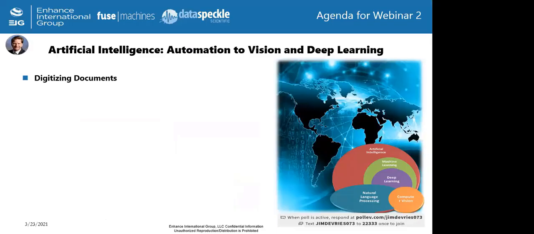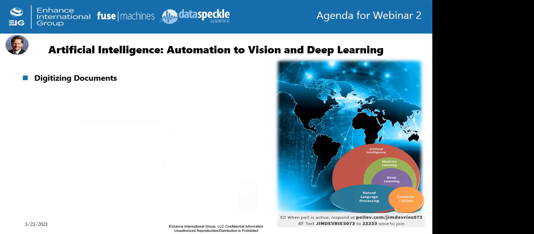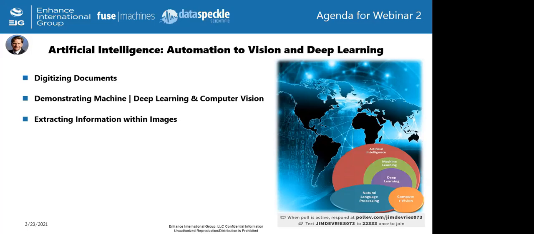So we're going to get started. The agenda today is we're going to kick it off by digitizing documents. It's a recap of what we covered at the last webinar. And then we're getting to machine learning and deep learning, and of course, computer vision, the hot topics of today. And then we'll discuss extracting information within images.